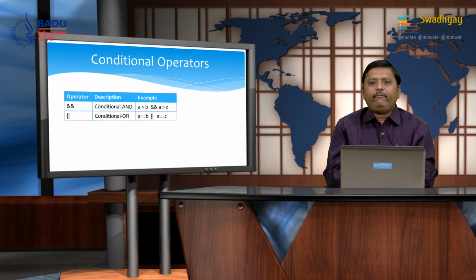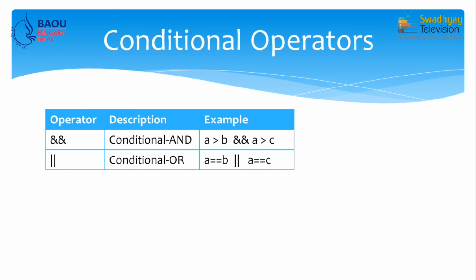Now, in a program we need to combine more than one condition. To perform this kind of operation, we have conditional operators or logical operators. The first operator is called the AND operator or conditional AND operator, and for that we have two ampersand signs, and you can see an example on screen.